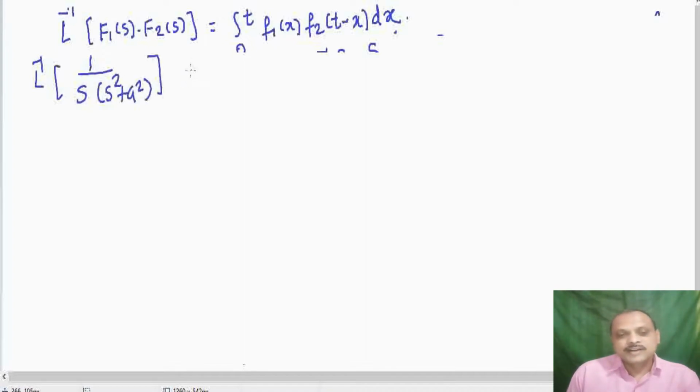Now we write it as L inverse of 1 divided by S into 1 divided by S square plus A square.